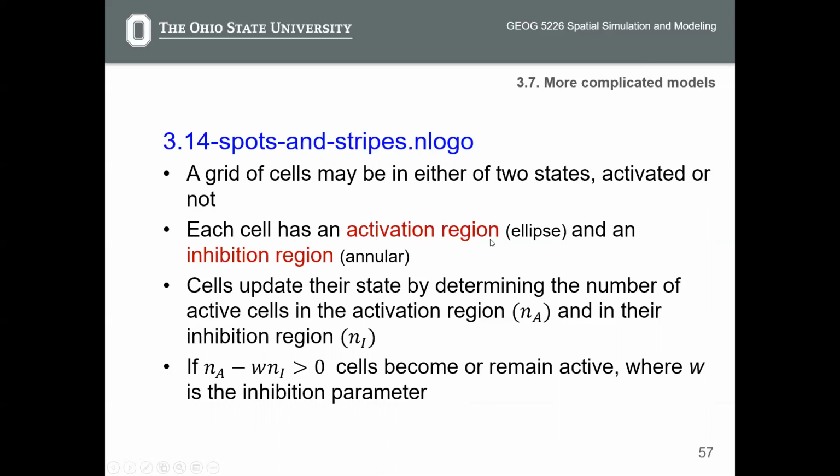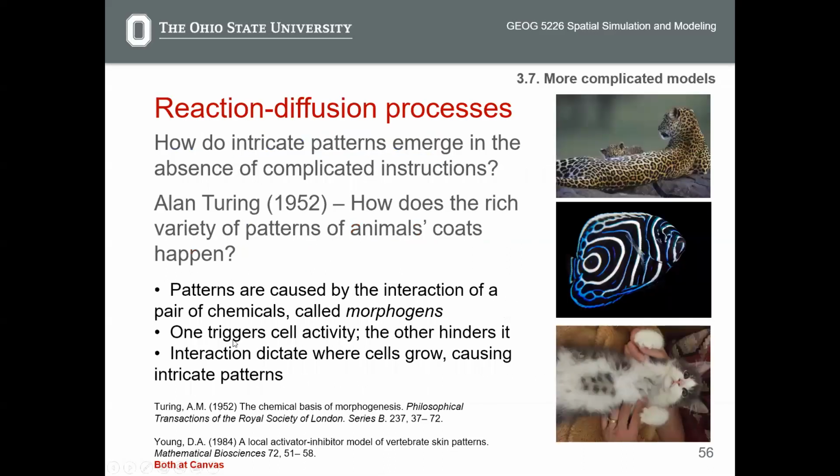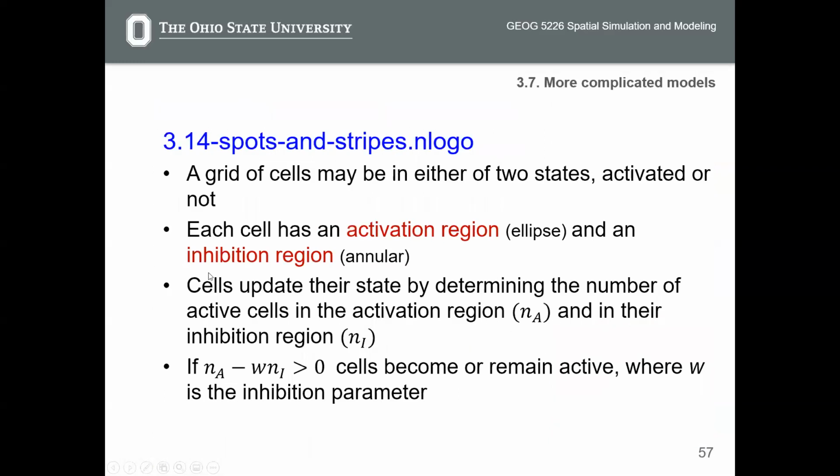Okay, that's the chemical that triggers cell activity. What's the other one that hinders it? An inhibition region. And this model gives two different shapes to them. Activation region is an ellipse. Okay, inhibition region is annular.